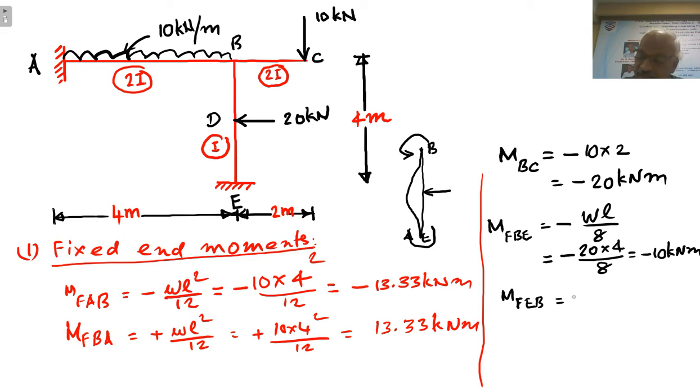This value is plus, therefore plus WL by 8, equal to 20 into 4 by 8, equal to 10 kilonewton meter. So that's about the fixed end moments as usual. Right.